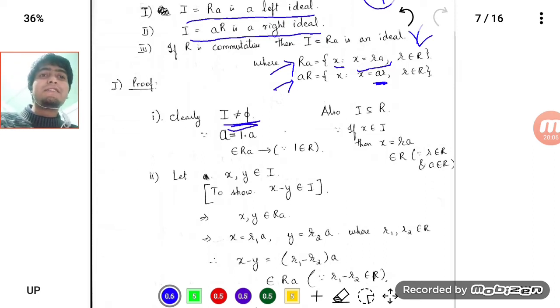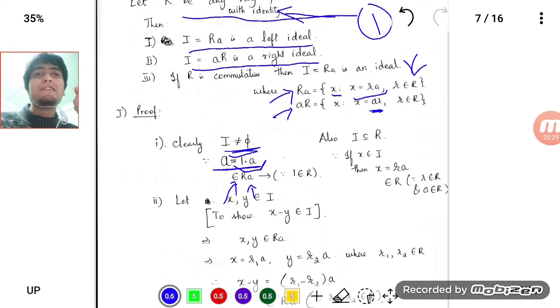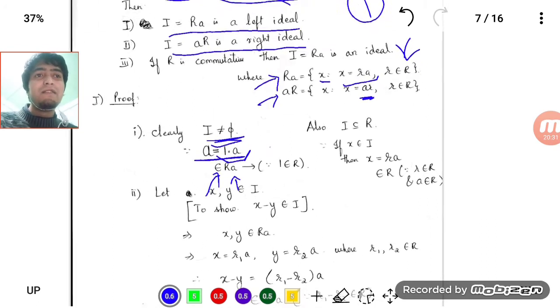How do I know that it is non-empty? Because 1 is an element of R, and A can be expressed as 1 times A, so it will belong to RA. So that's why I, which is equal to RA, is non-empty.